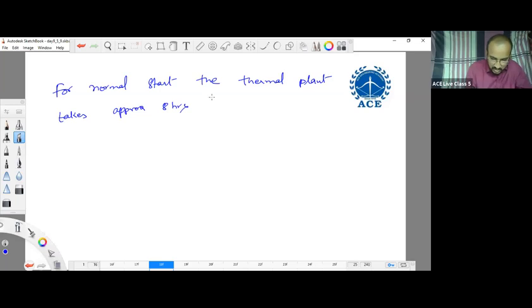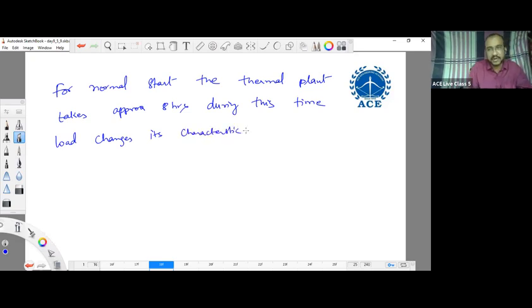During this time, the load changes its characteristic. That means the load will not be the same as we have predicted. So to avoid this, to meet the load requirement, it is preferred to keep the unit under hot condition.